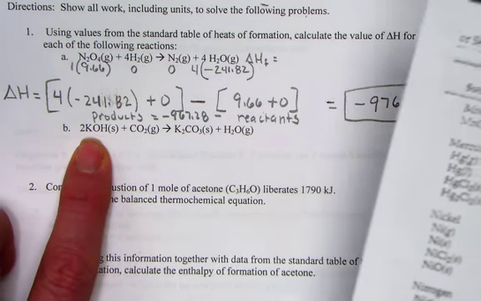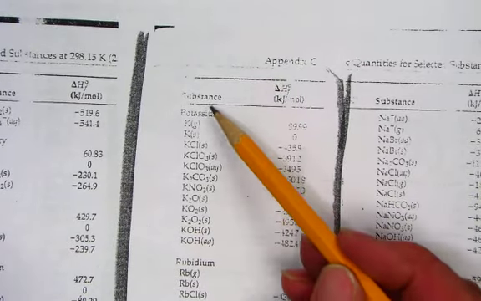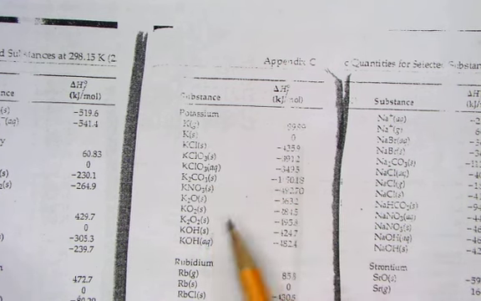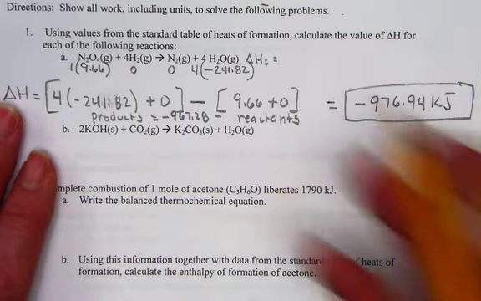First one listed is KOH in a solid form. I start looking for the value of KOH as a solid. On the back side, KOH is listed twice, one's solid, one's aqueous. Be sure to grab the solid, negative 424.7.